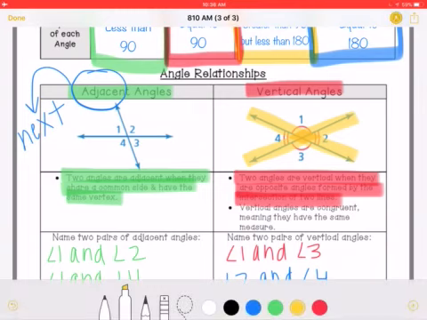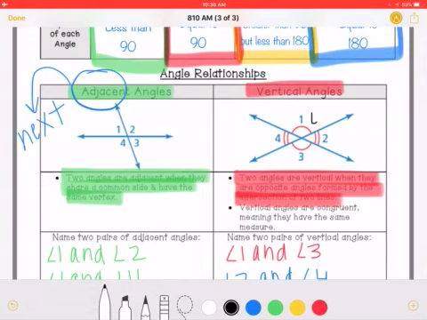Real quick, I want to mention and review, you see those red arches where it's showing the measure of the angle, like this right here. Those are showing that the angles are congruent, that their angle measure is equal or the same.